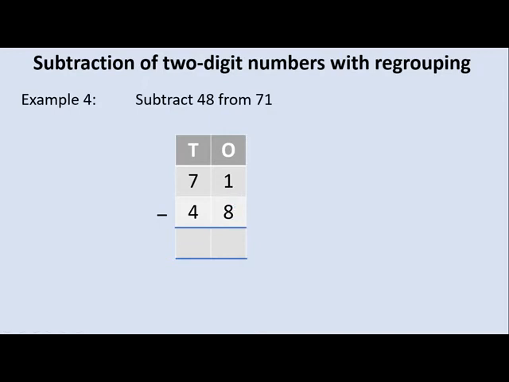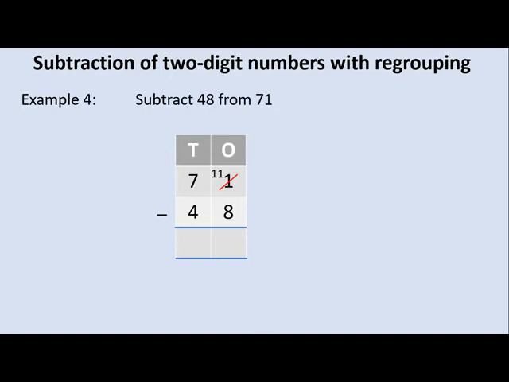So what we do is regroup the digits in the tens column. That is, we can write 7 as 6 tens plus 10 ones, and those 10 ones will be taken to the ones column, which becomes 10 plus 1 is 11.